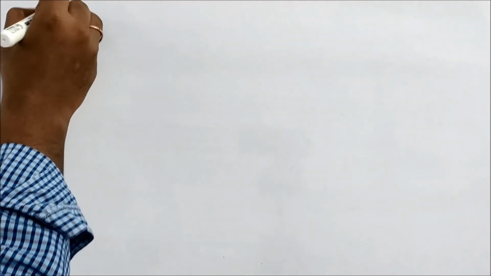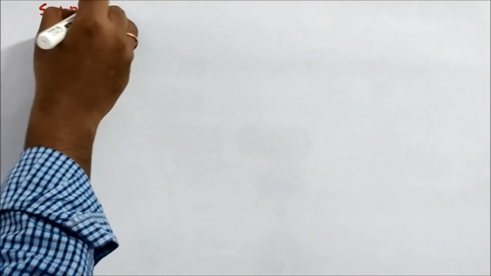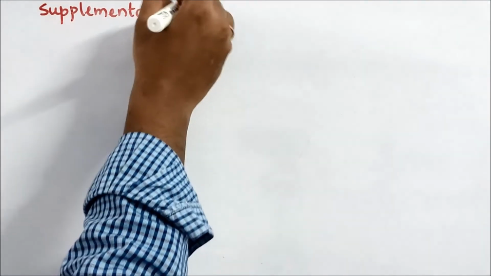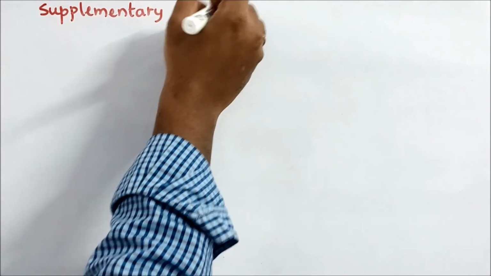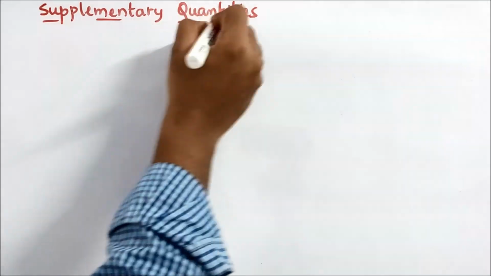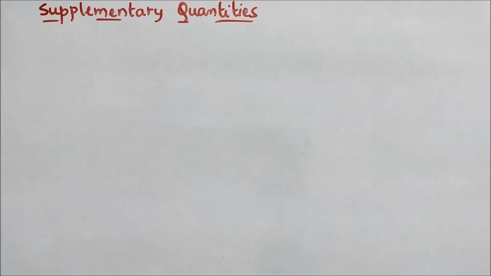Now let us discuss supplementary quantities. We have already learned that 7 basic or fundamental quantities were considered by the General Conference of Weights and Measures.